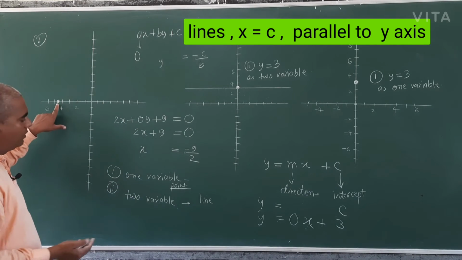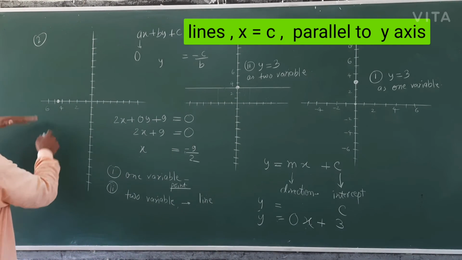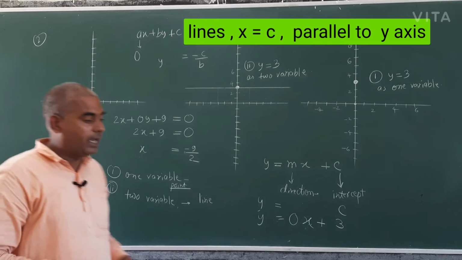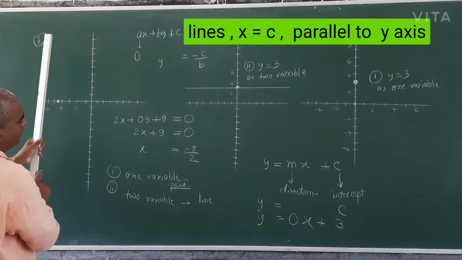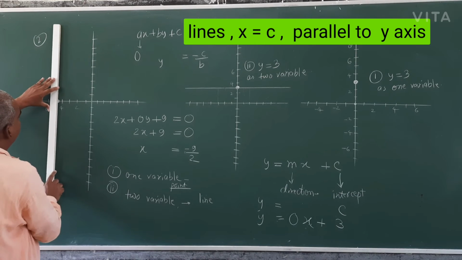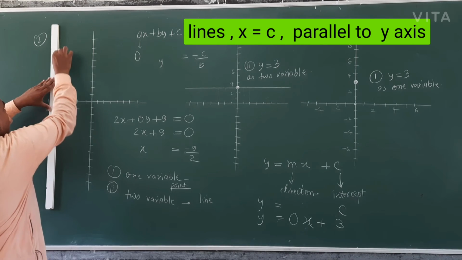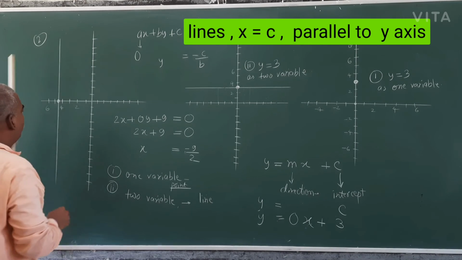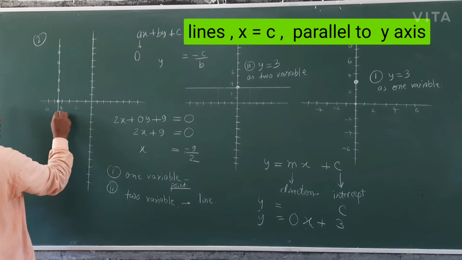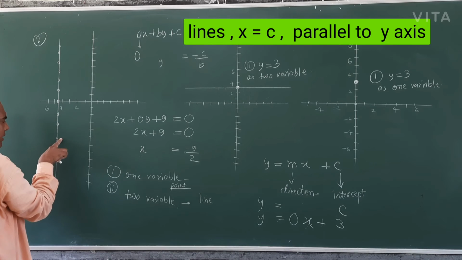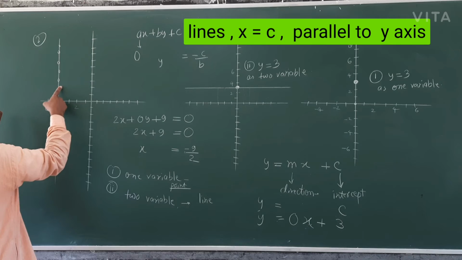So the y value doesn't depend. For this, I have drawn the one variable now. You will do like that, take another figure and then make a line. Line means whatever be the value of y, you will take x equal to minus 9 upon 2. For all the points, whatever be the points, the y value changes, but the x value stays minus 9 upon 2.